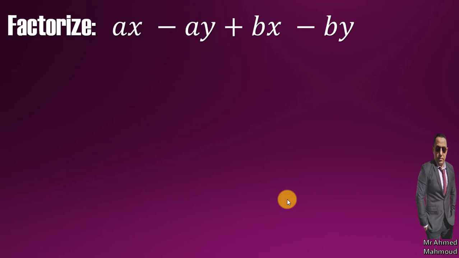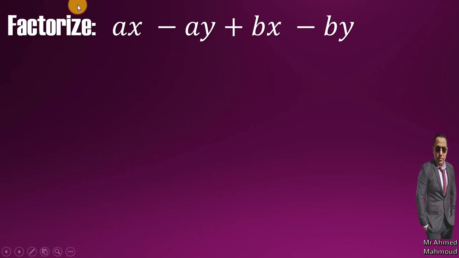First, if we have an expression formed from 4 terms like this, called a quadrinomial, of course I can't factorize this expression directly by any method from the cases that we studied before. So I'm going to regroup this expression.